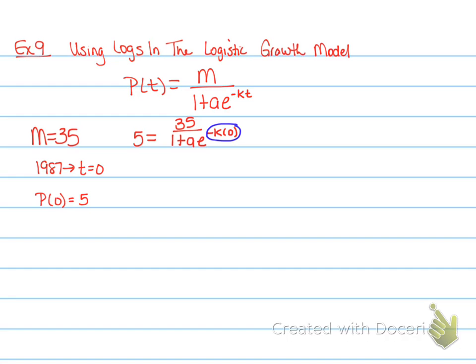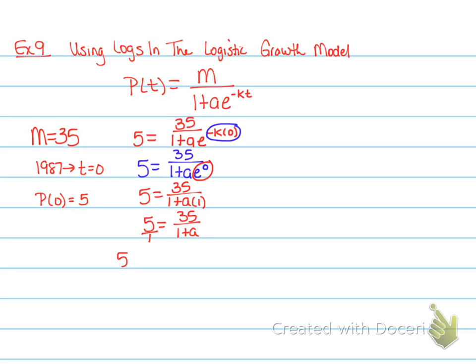All right, so let's simplify. We still have 5 equals 35 over 1 plus A e to the 0. And remember, to the 0 exponent, the answer is 1. So I have 5 equals 35 over 1 plus A times 1, which just means 5 is equal to 35 over 1 plus A. Now again, I'm just going to put this over 1, and we're going to cross multiply.